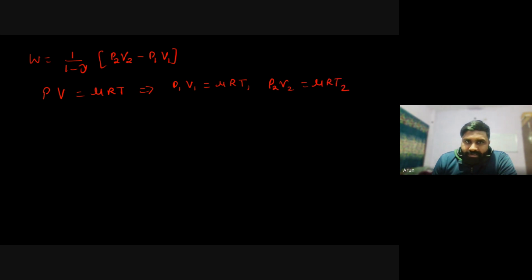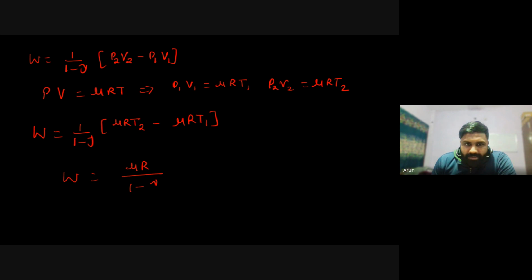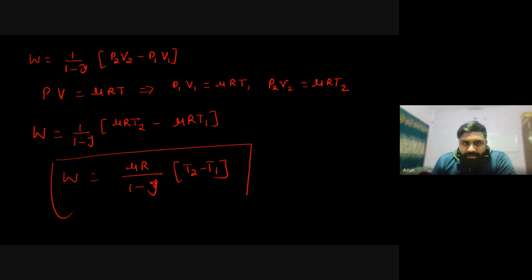You can put these values. So the work done W is also given by 1 upon 1 minus gamma, mu R T2 minus mu R T1. So mu R you can take common out, and it will become mu R upon 1 minus gamma, T2 minus T1. This is also the work done in an adiabatic process.